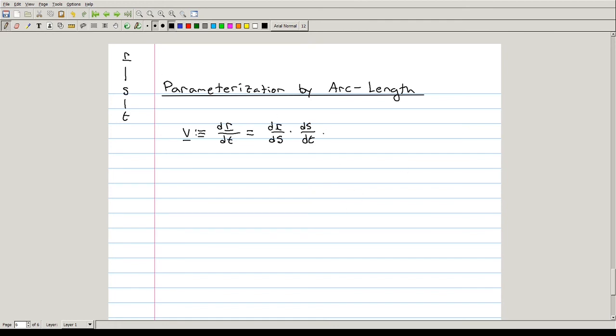And now remember, ds/dt is nothing but the magnitude of the velocity vector. So this is the same thing as dr/ds times the magnitude of the velocity vector.